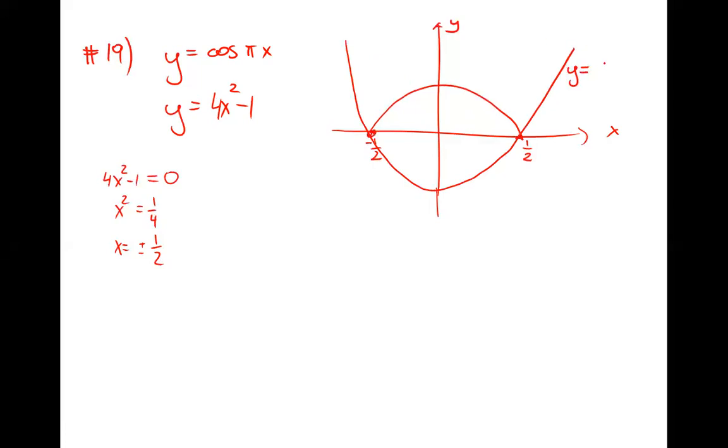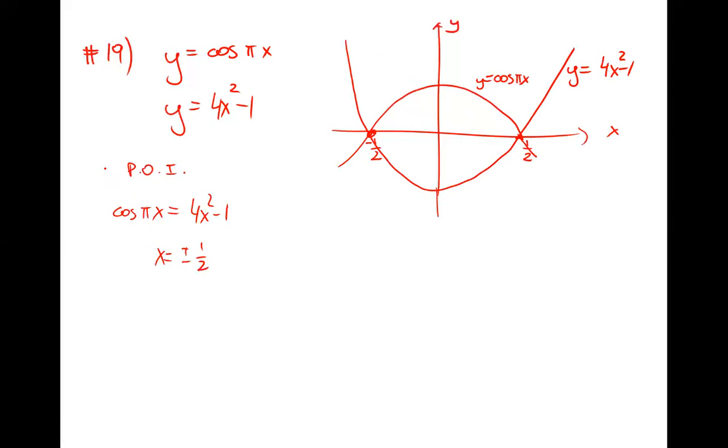Okay, that means this is 4x squared minus 1, and this is cosine pi x. Okay, because the same thing, points of the intersection, if I take cosine pi x and 4x squared minus 1, I don't know if we can easily get that value. We just know this by inspection, by observation, and by solving the x-intercept of the individual function.